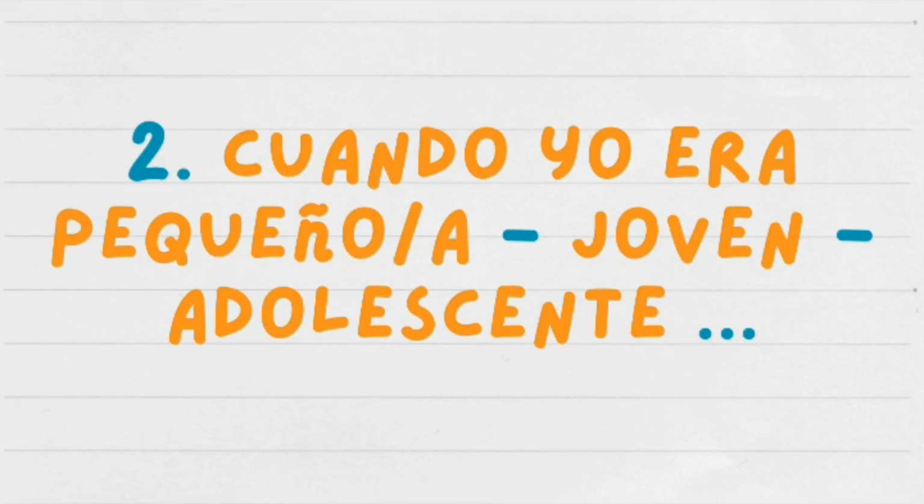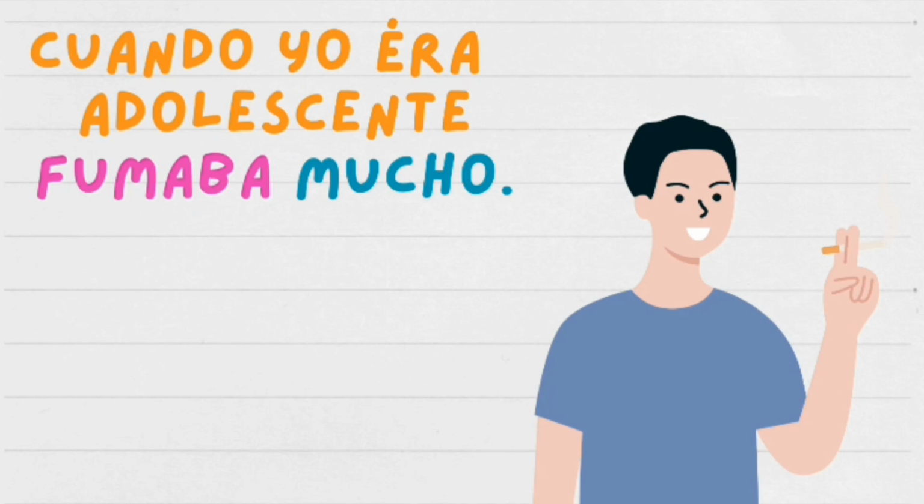So let's see some examples with these phrases, so you will understand this better. So we have this sentence. When I was a teenager, I smoked a lot, which means cuando yo era adolescente, when I was a teenager, cuando yo era adolescente, I smoked, verb in the imperfect past, fumaba, a lot, mucho.